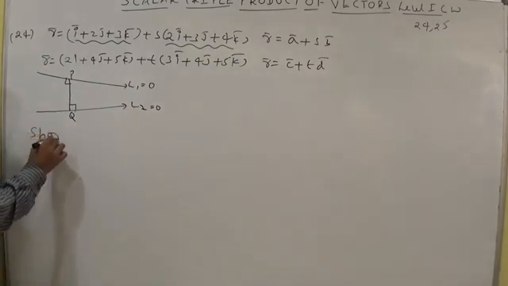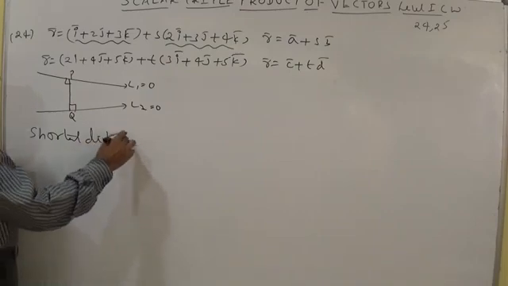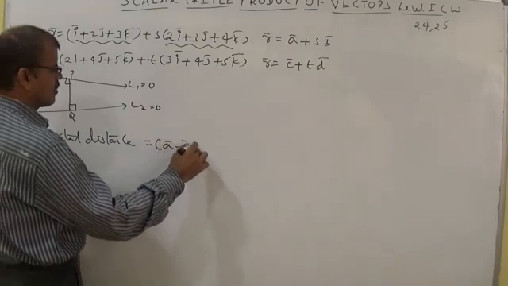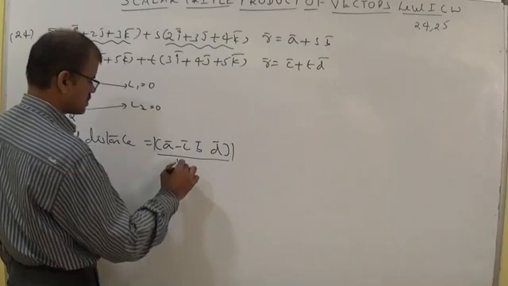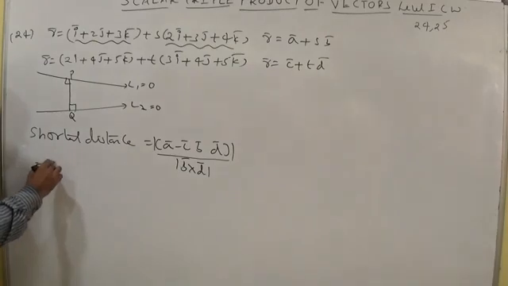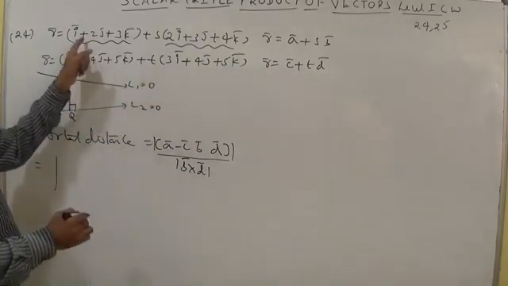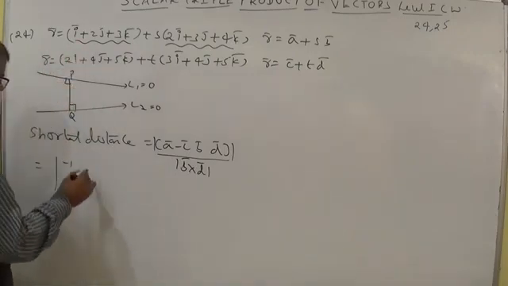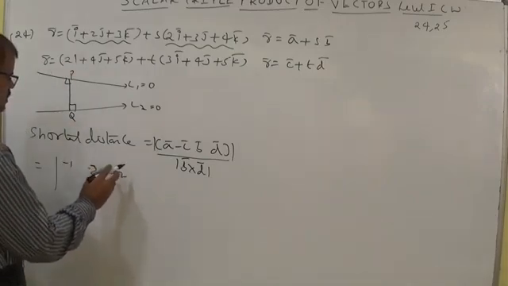The formula we discussed yesterday for the shortest distance between skew lines is the modulus of the box product [A minus C, B, D] divided by the modulus of B cross D. Now, A minus C: 1 minus 2 is minus 1, 2 minus 4 is minus 2, and 3 minus 5 is minus 2.